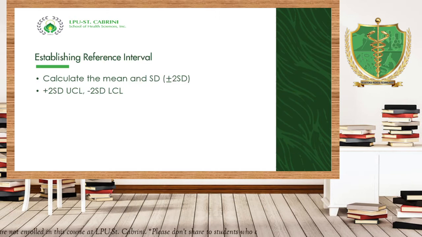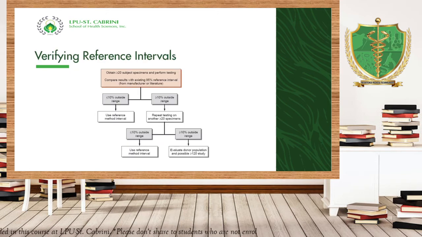So again, for establishing the reference interval, we calculate the mean as well as the SD, and positive and negative 2 SD will be our reference range. Positive 2 SD will be our upper limit, and negative 2 SD will be our lower limit, or yung pinakamababang acceptable value.